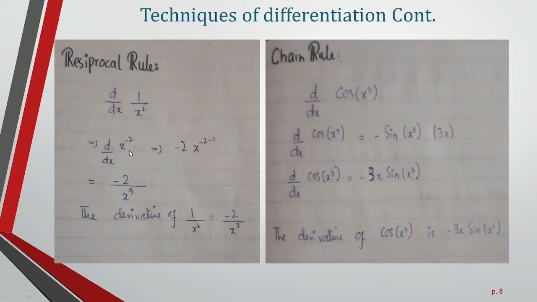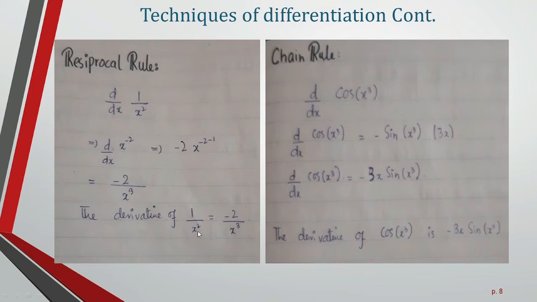So now the chain rule. The chain rule tells how to find the derivative of a composite function. Firstly, find the derivative of cos x, which is minus sin x. Here cos x is equal to cos x cube, so the derivative will be minus sin x cube. And then the derivative of the angle should be taken.